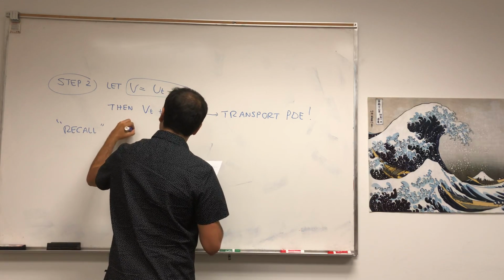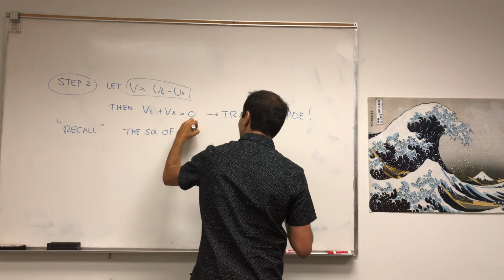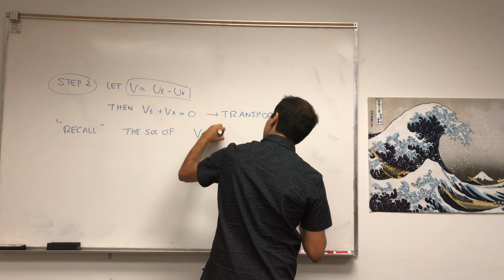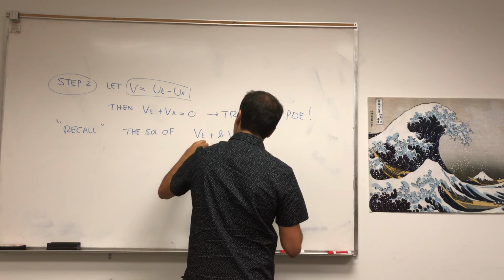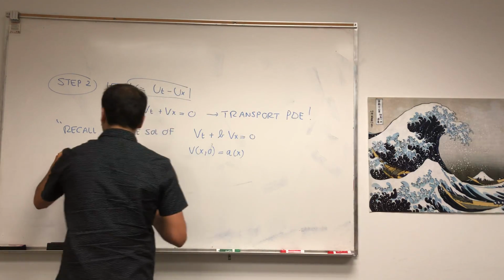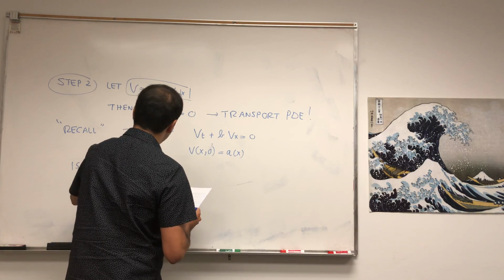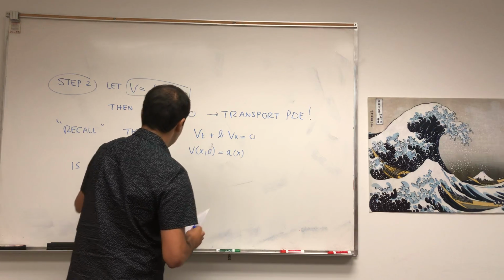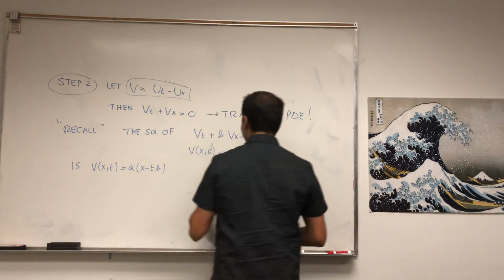The solution, in general, let's do it in one dimension: vt plus b vx equals 0 with initial condition, let's call it a of x, is v of x,t equals a of x minus tb. So in other words, the solutions are constant on a line directed by (b, 1).